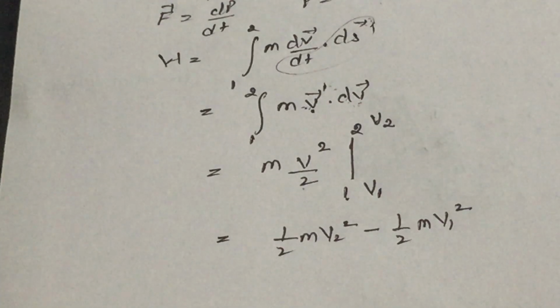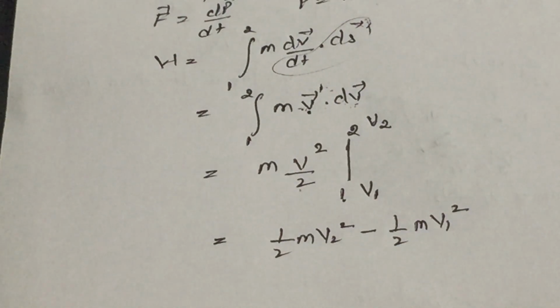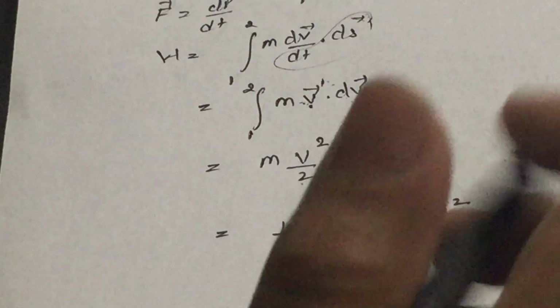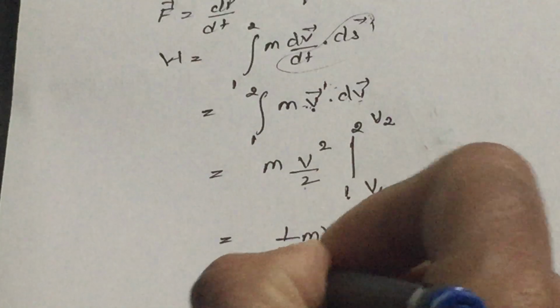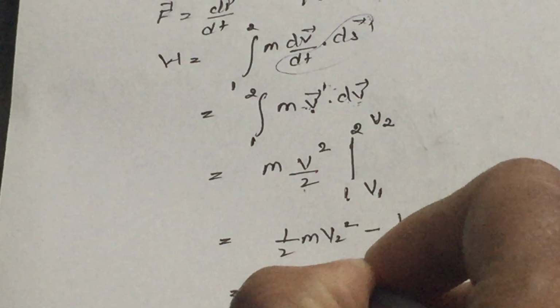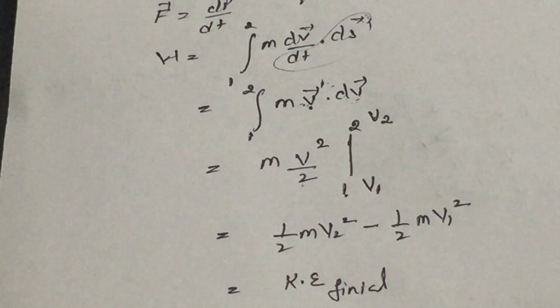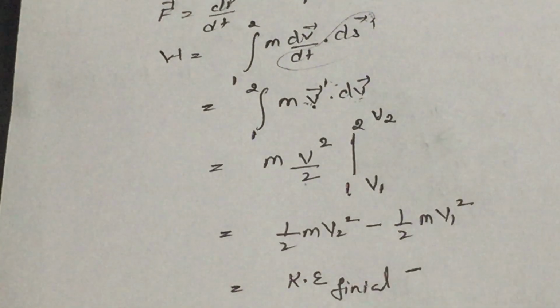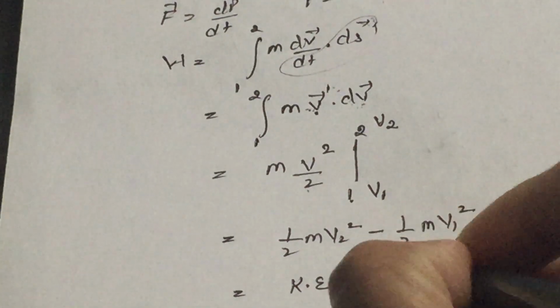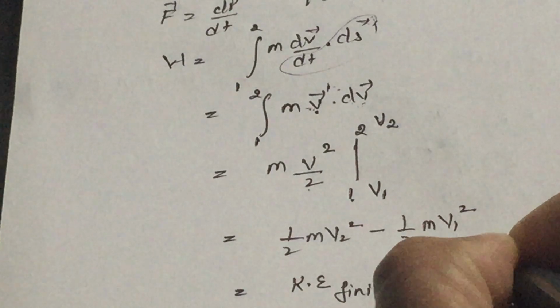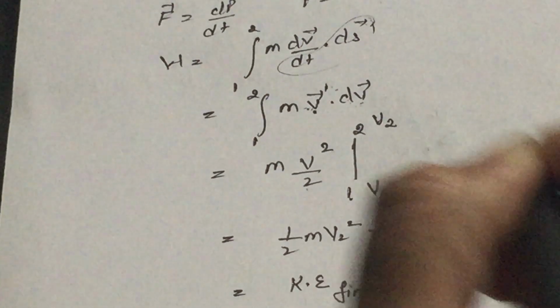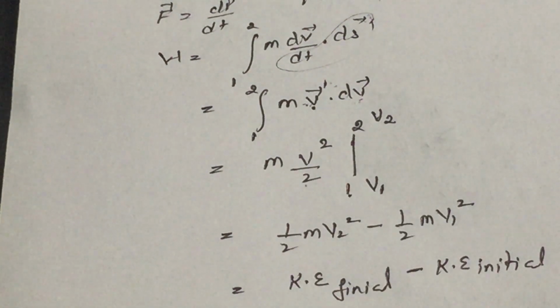Half of m v square is kinetic energy. Half of m v2 square is the final kinetic energy, and half of m v1 square indicates the kinetic energy at the initial position of the body.